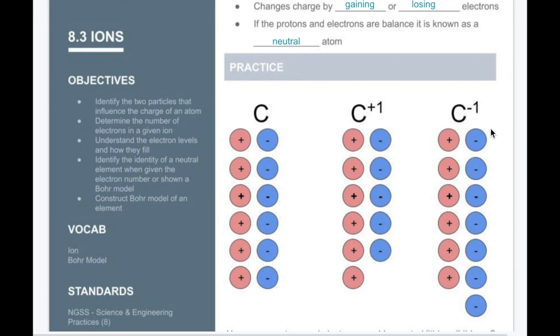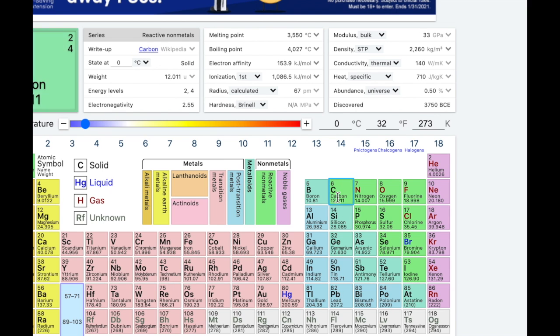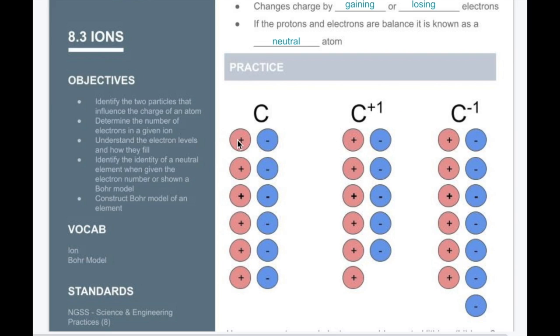All three of these are carbon. Because all three are carbon, as a reminder, carbon has a particular amount of protons. We can look at the periodic table and find carbon here. It has 6 protons, and so you'll see that each of these has 1, 2, 3, 4, 5, and 6 protons.